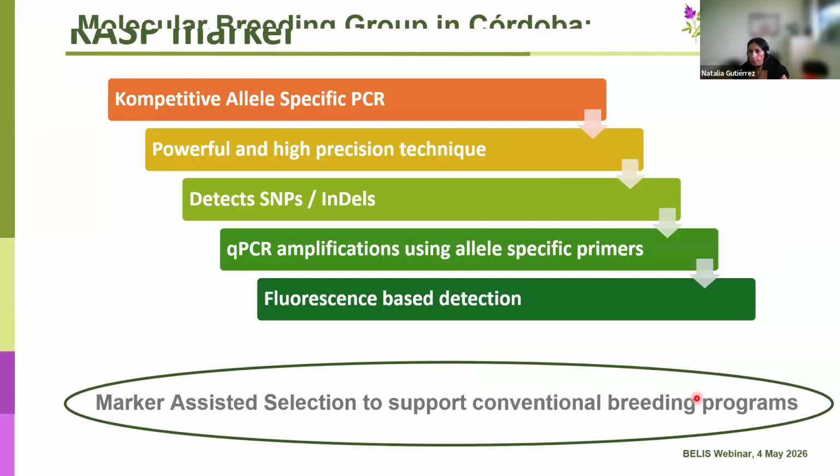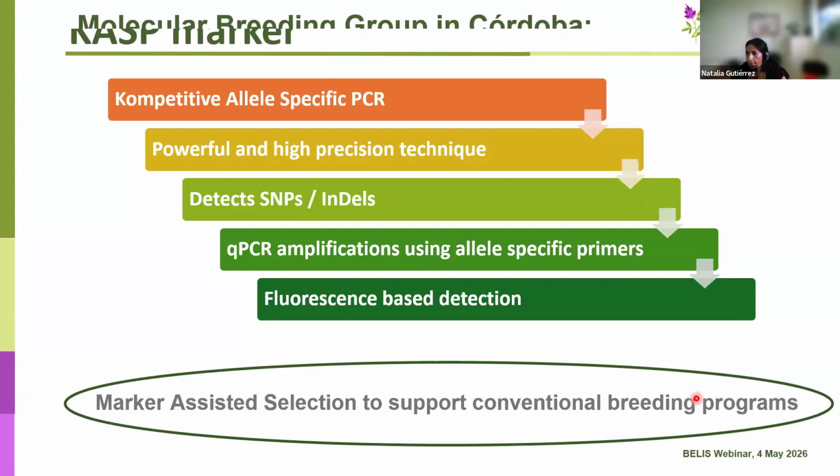Specifically, it targets single nucleotide polymorphisms, known as SNPs, as well as insertions and deletions at specific loci. Because KASP markers are biallelic and codominant markers, they allow us to clearly distinguish between homozygous and heterozygous genotypes.